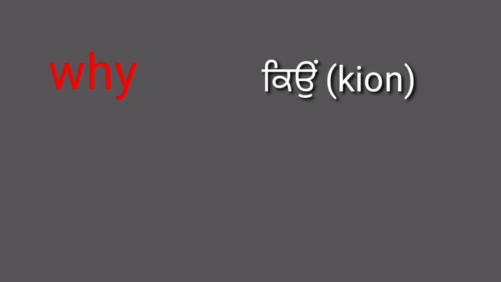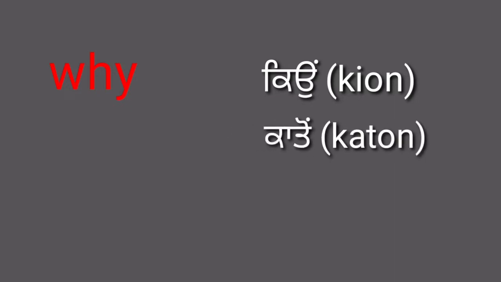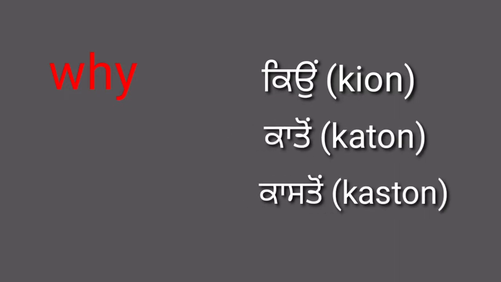But there are two other words, katon and kaston. These two are colloquial words, and you won't see them in the books. Books only explain that why means kyon, that's it. But when people talk, they use all three words: kyon, kaston, katon.